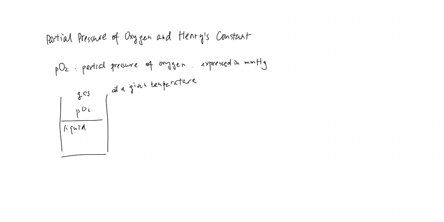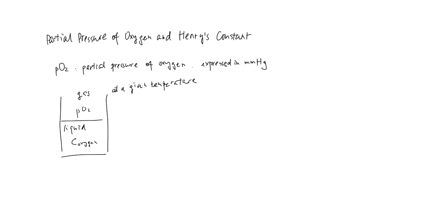So in the liquid, we would have the concentration of oxygen in the liquid. So we have C, oxygen. And you want to know how is the relation between these? Of course, intuitively, you know that a higher partial pressure of the gas in the gas phase would lead to a higher dissolved concentration of that molecule in the liquid.